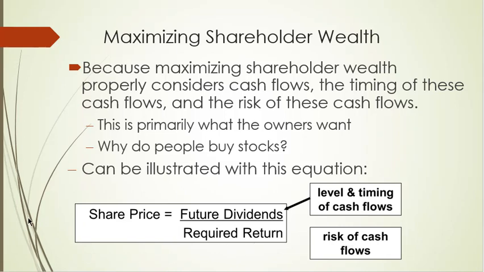So as we go through this course, from here on out, this concept will be in every single chapter, every single technique that we talk about. We want to address shareholder wealth. Should we do anything for the company? The answer will always be only if we can increase the wealth of shareholders.